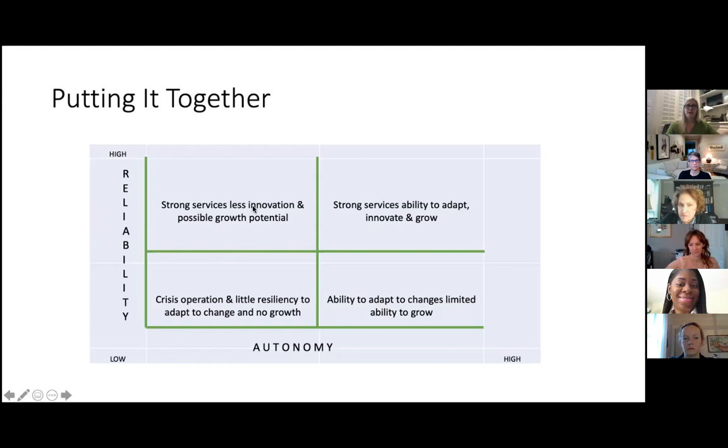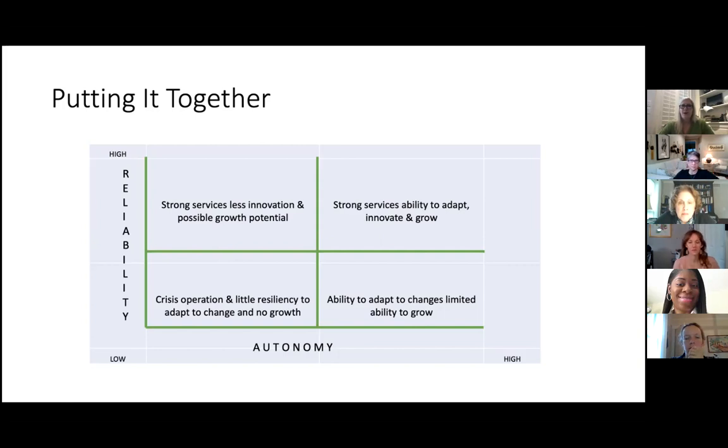It would be less innovative, possibly less growth potential. We move to the right, we've got high reliability, high autonomy. Obviously, this is the sweet spot of where you really want to be. These are strong services. They have the ability to adapt, innovate, and grow. Earned revenue does come to mind here, social enterprise, something of that nature.